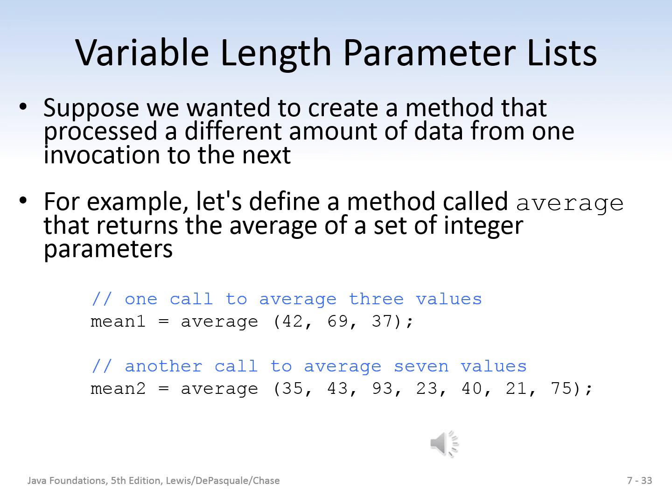So let's assume we wanted to create a method that processed a different amount of data from one invocation to the next. Let's say a method called average that returns the average of a set of integer parameters passed to it.